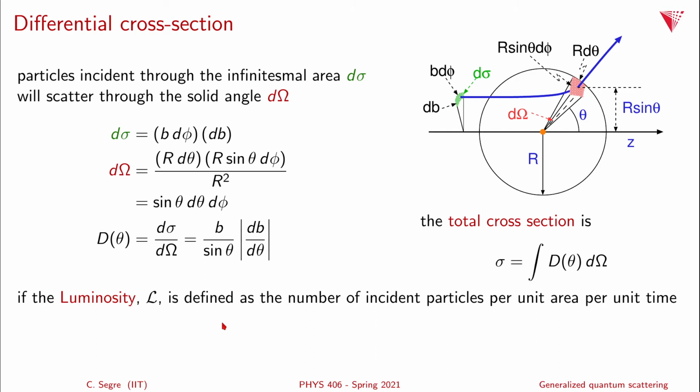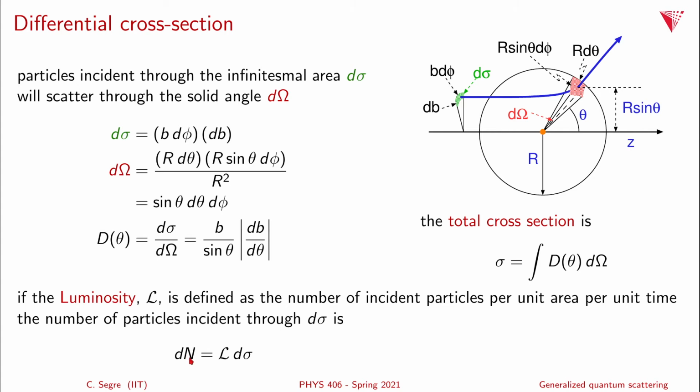We also can talk about a term called luminosity, which is defined as the number of incident particles per unit area per unit time, and that is what's telling you what's going through dσ. The number of particles incident through dσ is then given by dN, which is the luminosity times the area of that dσ.